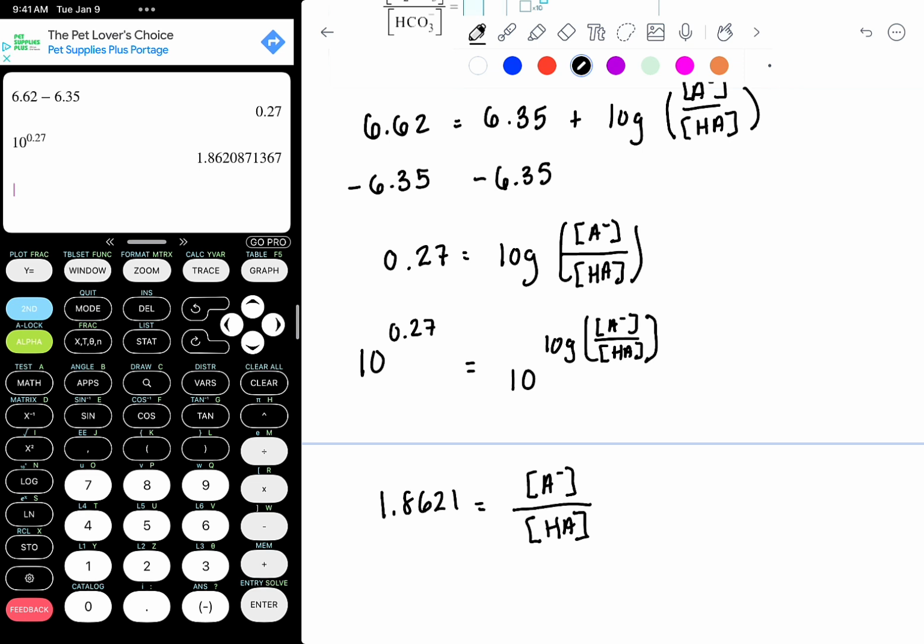So in order to cancel out the log, you just do 10 raised to whatever the value is on the other side of the equal sign. That is then the ratio of your conjugate base to your weak acid.